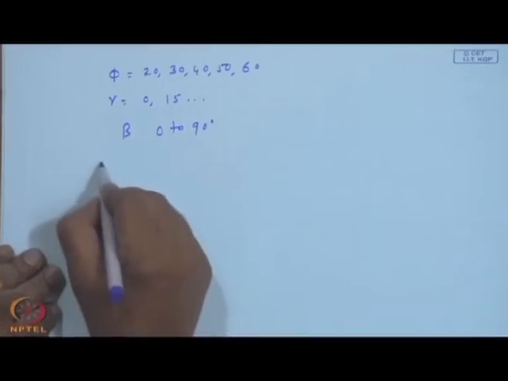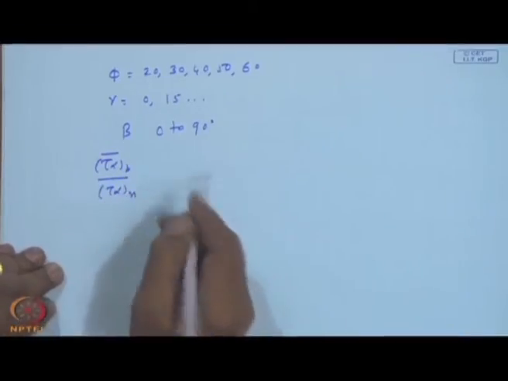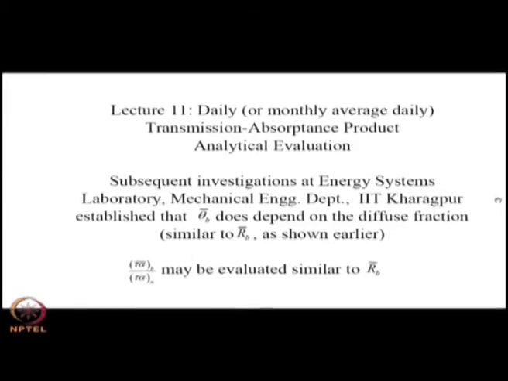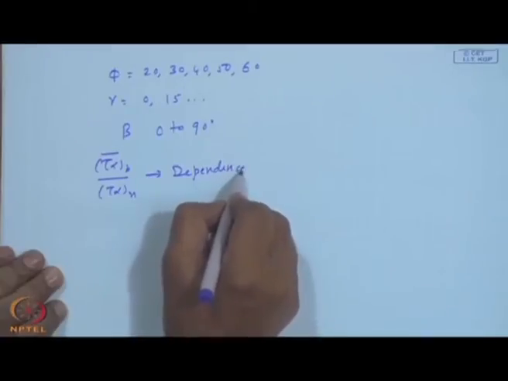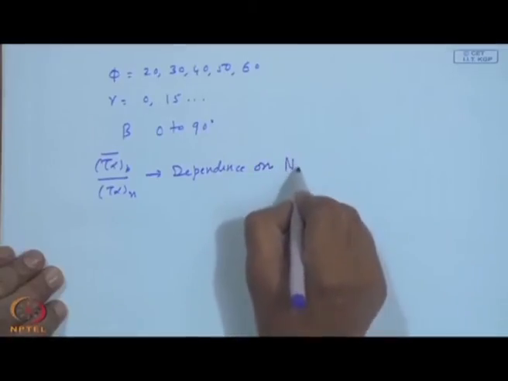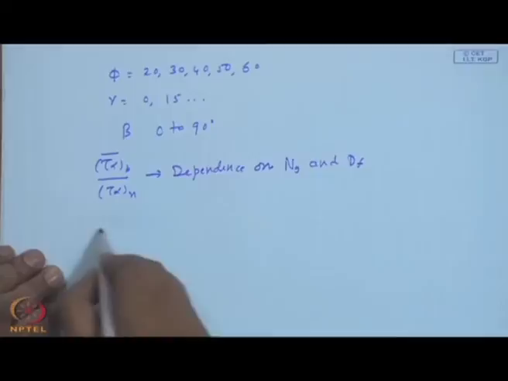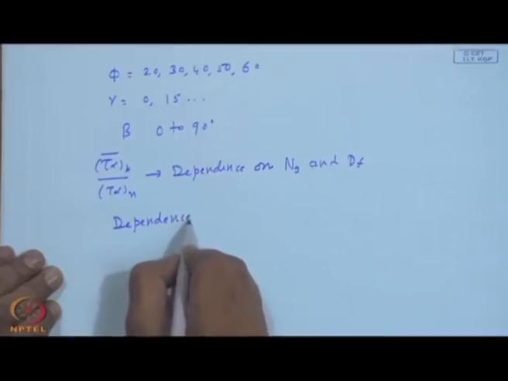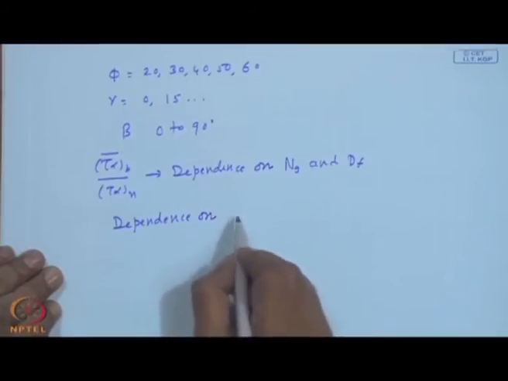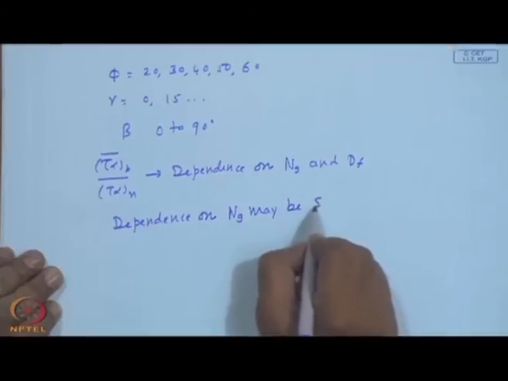So, this tau alpha bar b by tau alpha n not being dependent, one possibility is dependence on N g may be small.